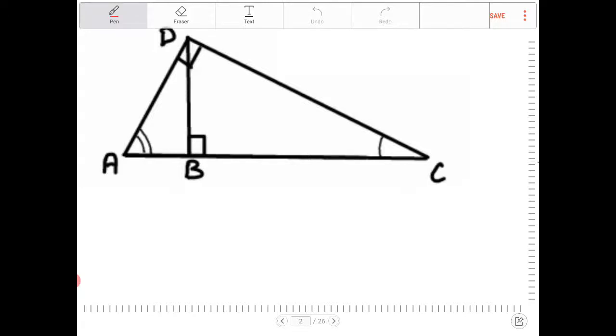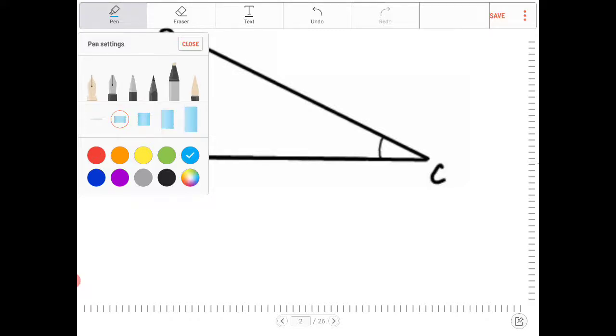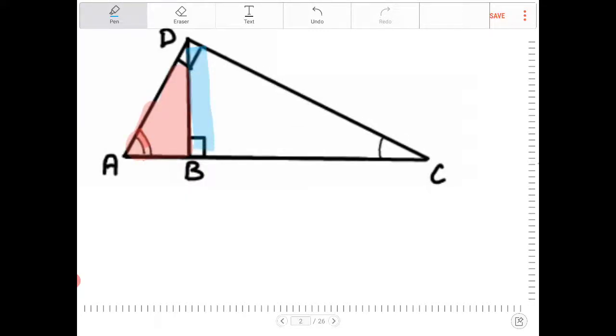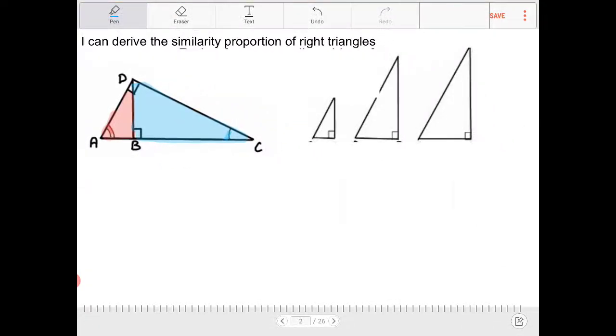So what I have here is on the left, a small right triangle. On the right, I have a larger right triangle, and then I have one giant right triangle overall, right? So essentially I have three right triangles.